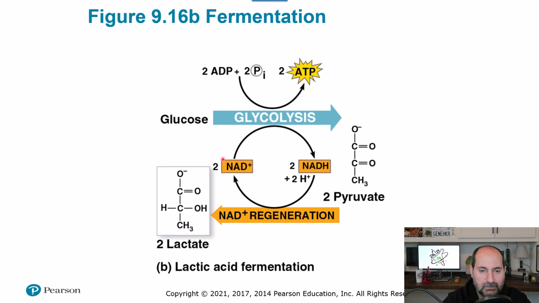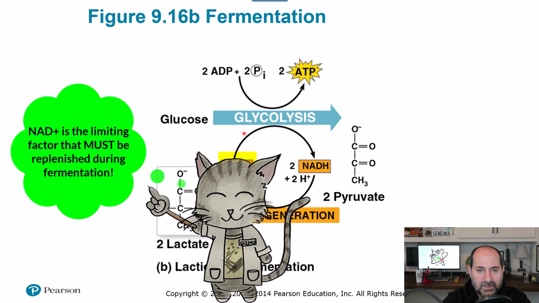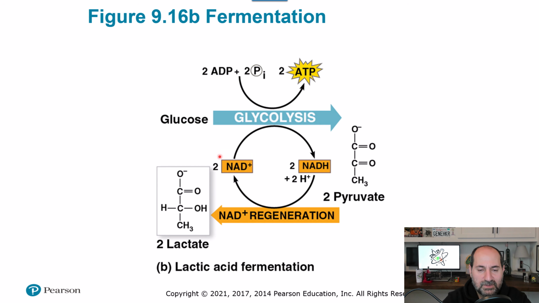However, do you recall what we said during the lecture? The danger is that you might run low on NAD+, because all of your NAD+ is becoming reduced to NADH. And because you have a limited pool of NAD+, this NAD+ pool must be replenished.